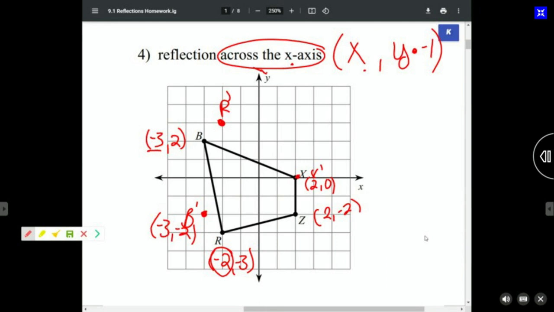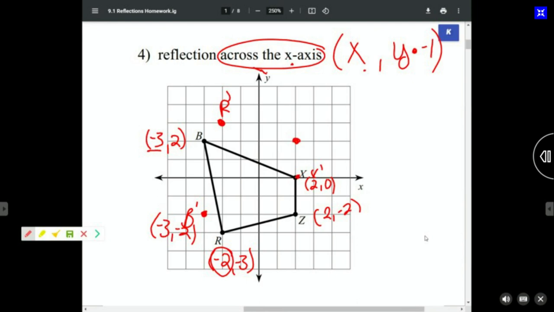To get to Z, I had to go right 2 and down 2. X stays the same, so I'm still going to go right 2. But Y is opposite, so instead of going down, I got to go up. So right 2, up 2.